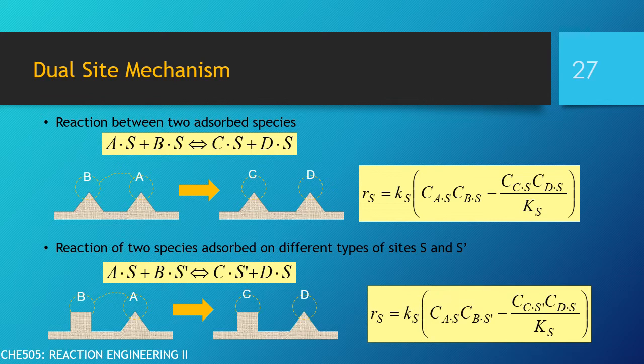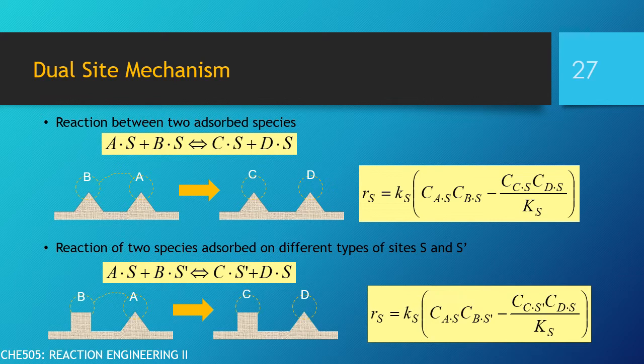So that's the difference for the different types of dual-site mechanism. First, one adsorbed species, but the product is produced at a different active site. The second one, two adsorbed species. So two adsorbed species means there are two adsorption steps.